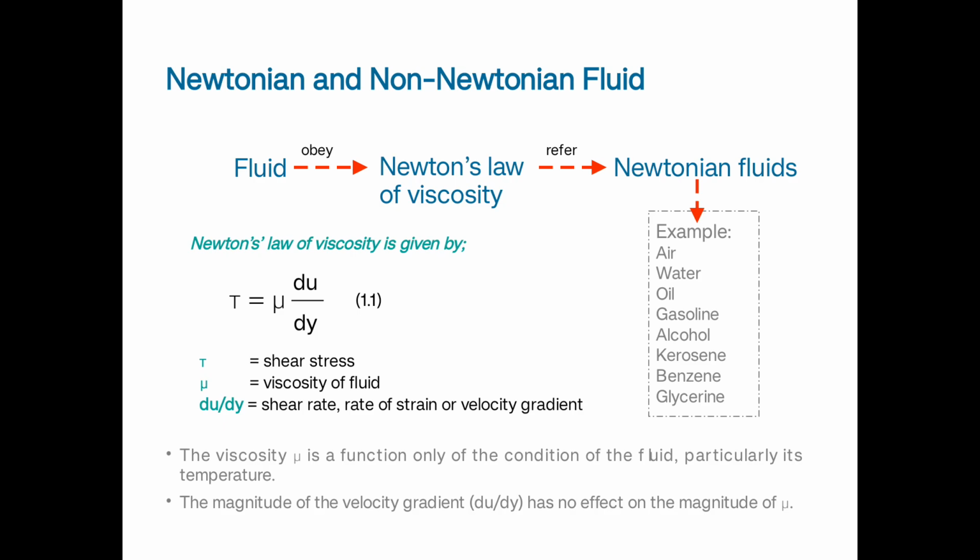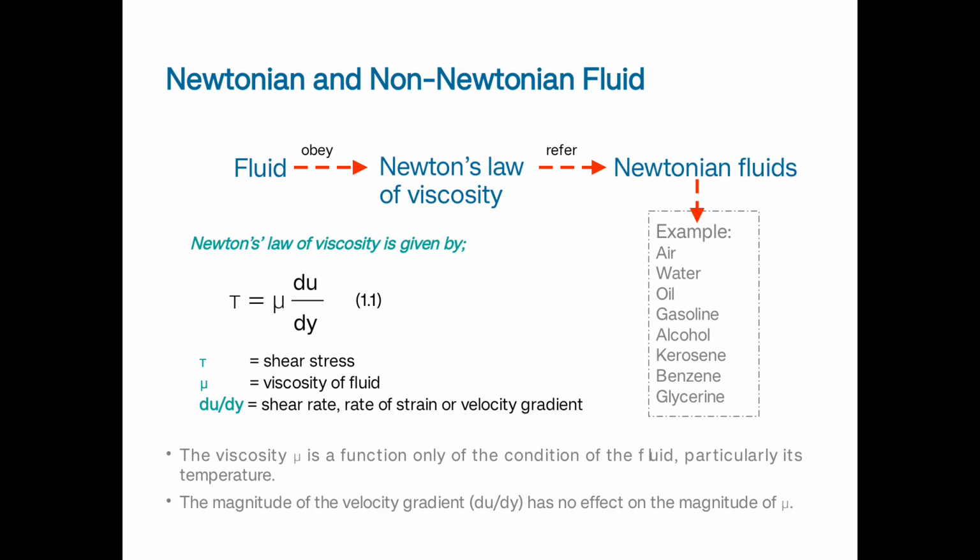Then gasoline and kerosene, which are essential for running our automobiles, and glycerin and benzene, which are essential chemicals. You can understand the benefits of those. And of course, alcohol. Nowadays, everything is ruined by alcohols and alcohol-related chemicals. All those come under the category of obeying Newton's law of viscosity.